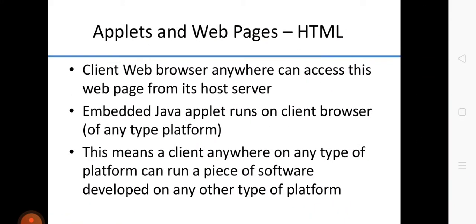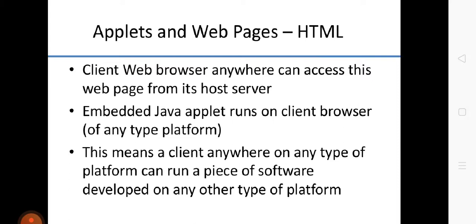Okay, now what happened? Once you place your applet in an HTML document, a client web browser anywhere can access this web page from its host server. Suppose you are accessing a web page from anywhere, from your home, from your office, from anywhere.